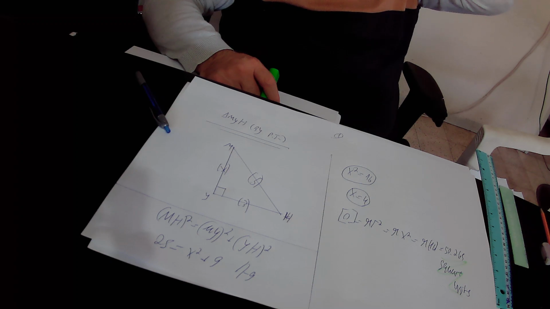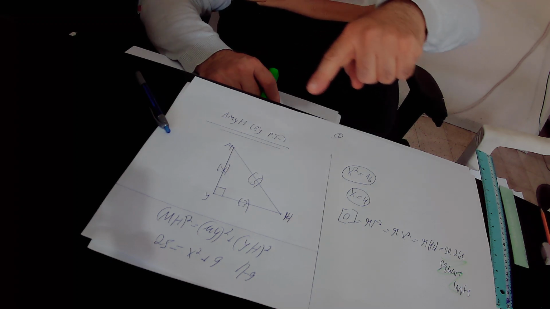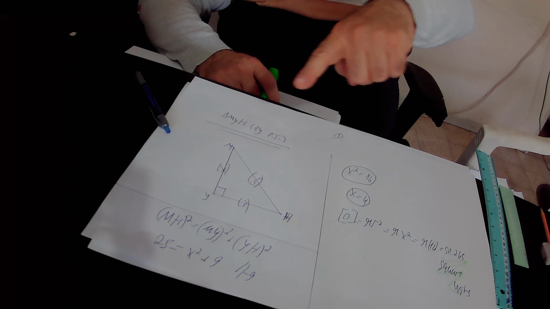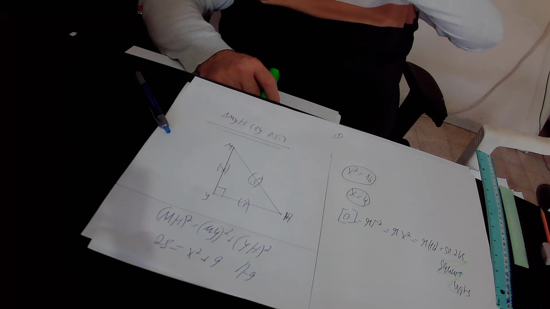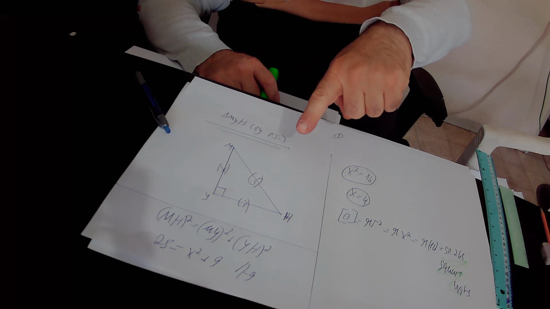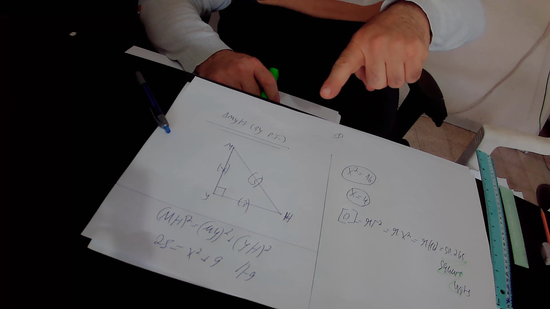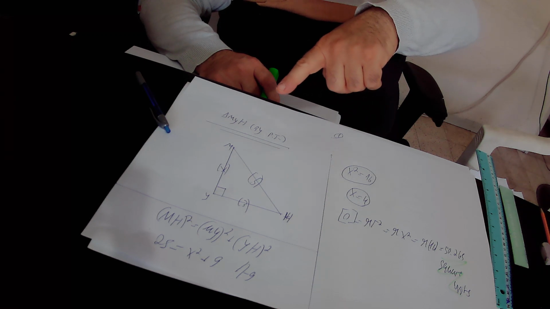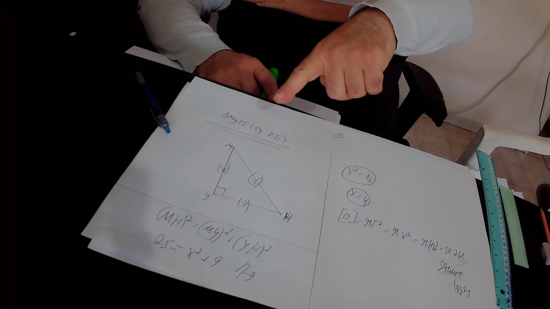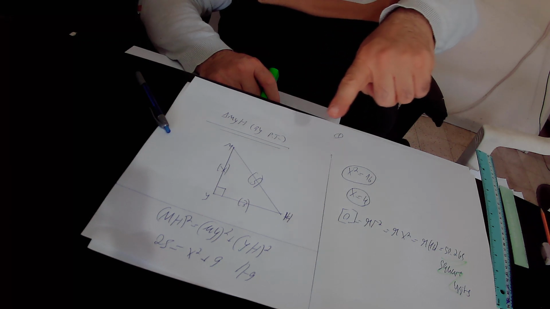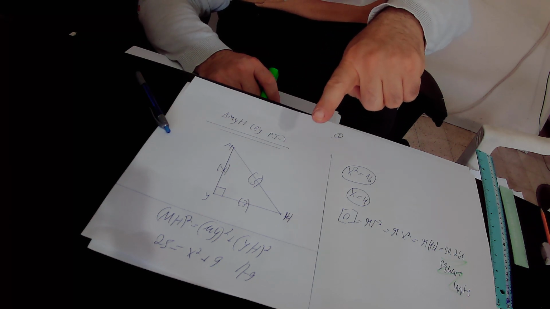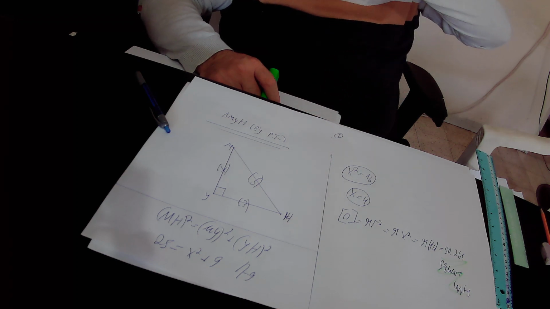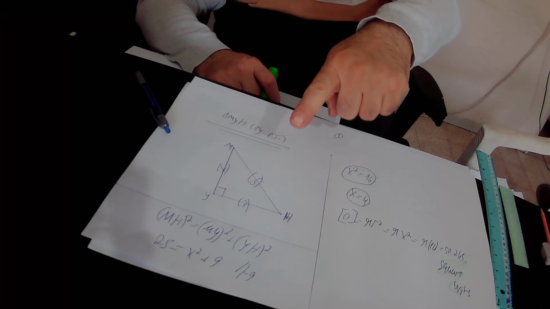According to the Pythagoras theorem, MH squared equals MY squared plus YH squared. MH is 5, therefore MH squared is 25, and it equals MY squared, x squared, plus YH squared, 3 squared, that is 9. So 25 equals x squared plus 9.